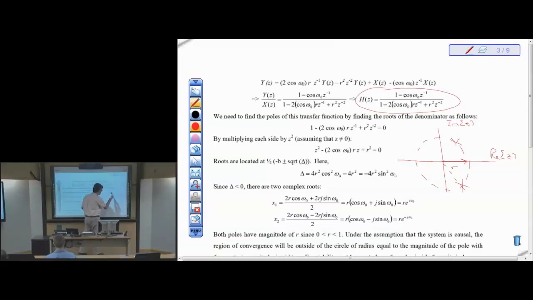They are conjugate symmetric in location. The angle with respect to the positive real axis is omega naught, and it's the same angular value for the second pole location. So poles are at r, plus and minus.